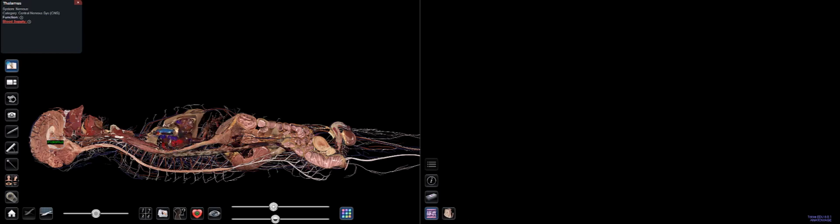Not showing us. Occipital lobe. Do that one. Oh, it's showing us some of the head. That's kind of cool.